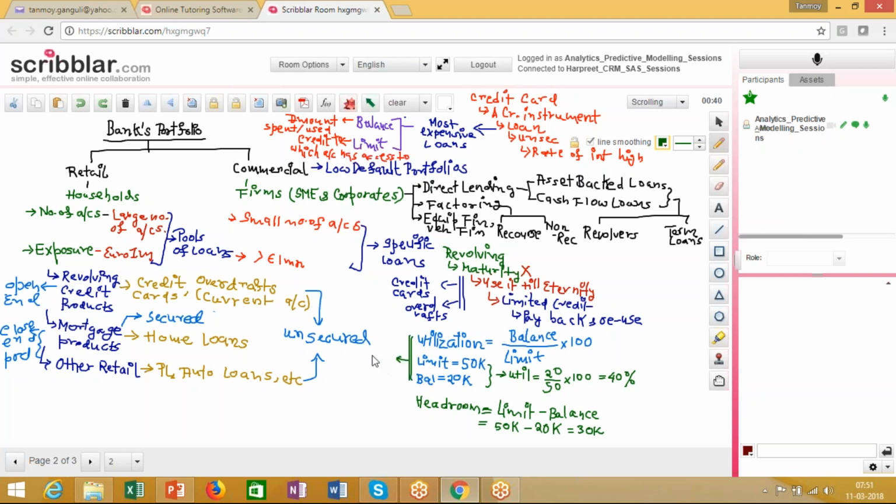The exposure to the loss arising from the drawn credit is called the drawn exposure, or exposure from the drawn balance or drawn limit. This is the drawn exposure.